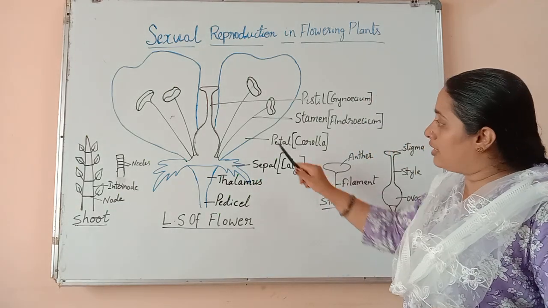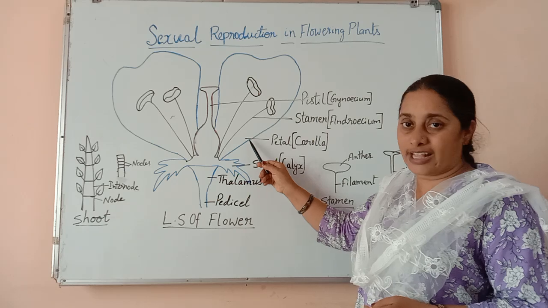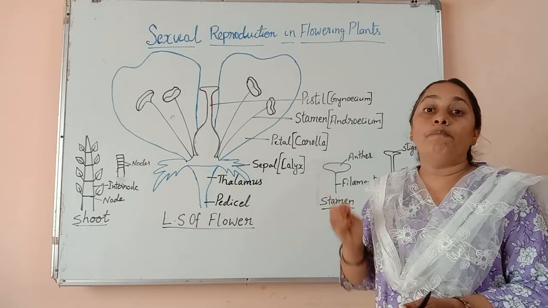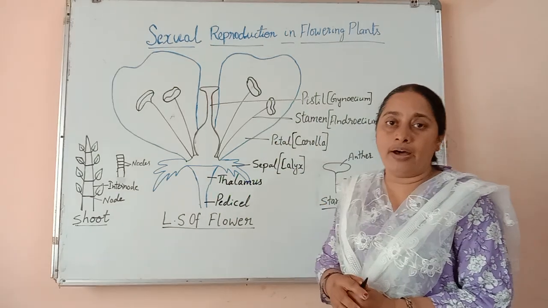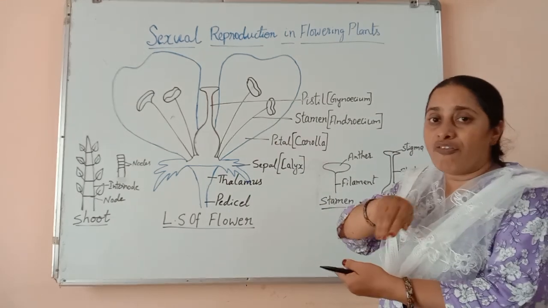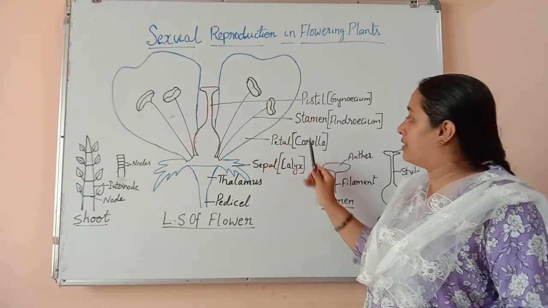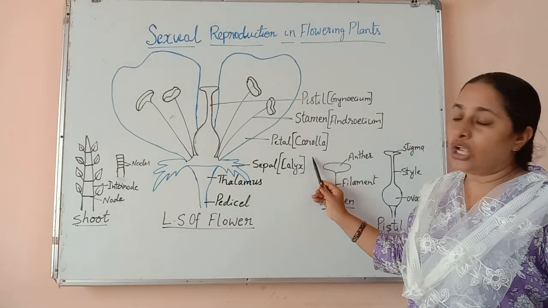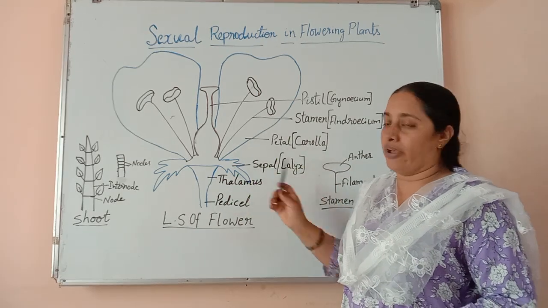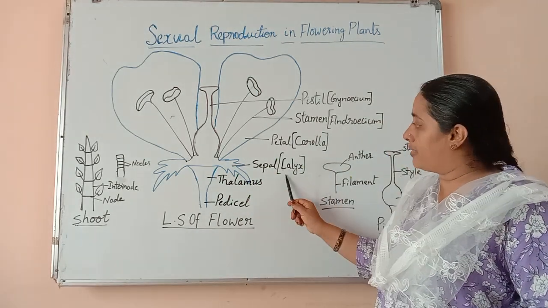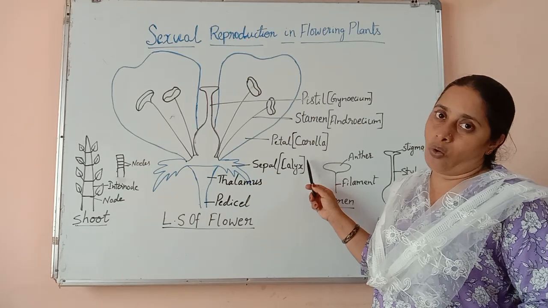This flower part called petal adds beauty to the flower, and the whorl of petals is called corolla. Corolla becomes the second whorl of the flower. First whorl is calyx, corolla is the second whorl.